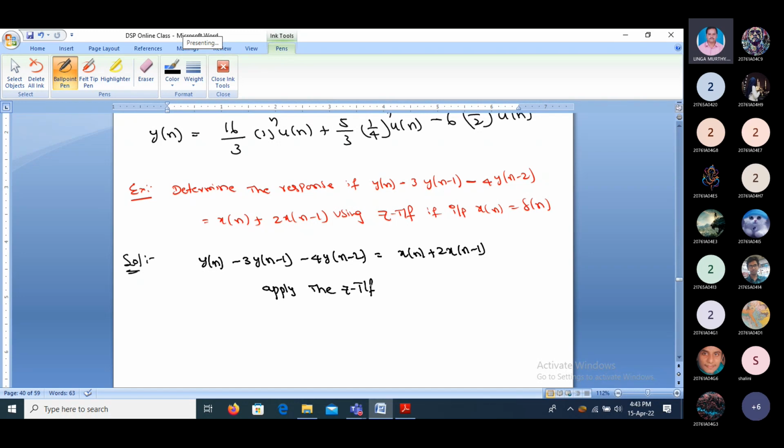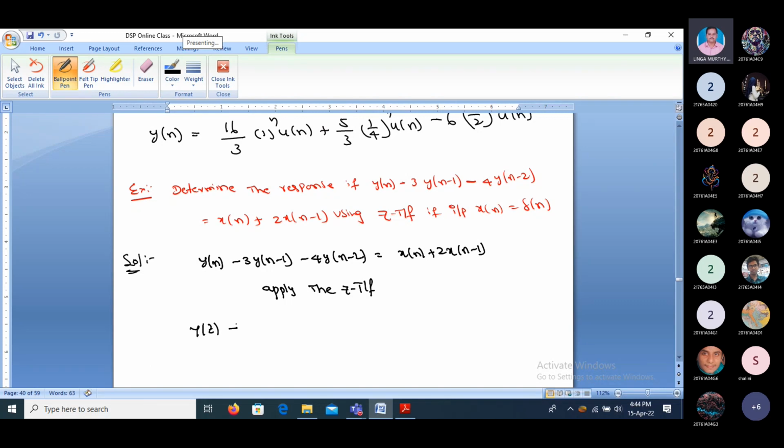Based on the roots behavior, you can write the coefficients like c1, c2, c3. And the particular solution depends upon the input. After adding homogeneous solution plus particular solution, which gives the forced response. It is a lengthy process, but in the z transformation it is very simple.